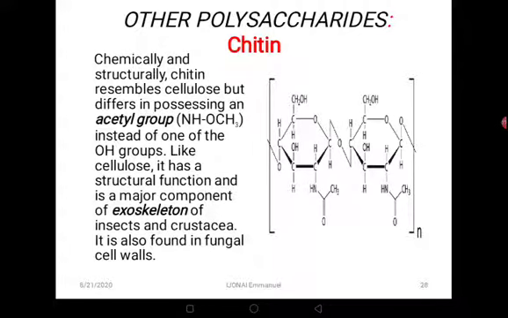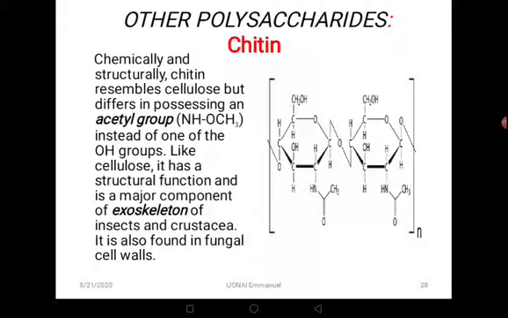So let's proceed to other polysaccharides. One of them is chitin. Chemically and structurally, chitin resembles cellulose, but it differs in the possession of an acetyl group, which you can see there, instead of one of the OH groups like cellulose. It has a structural function and is a major component of the exoskeleton of insects and crustaceans.